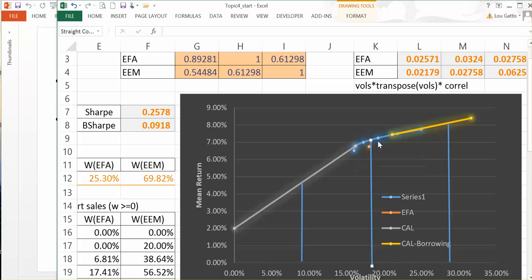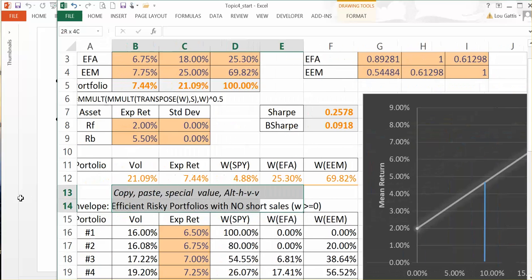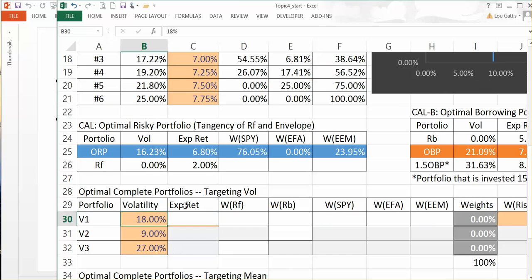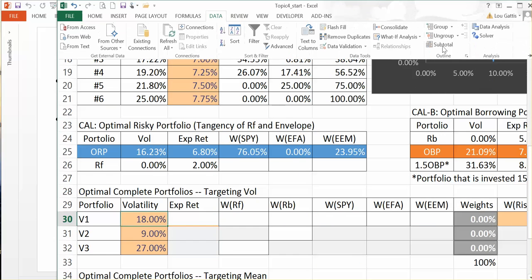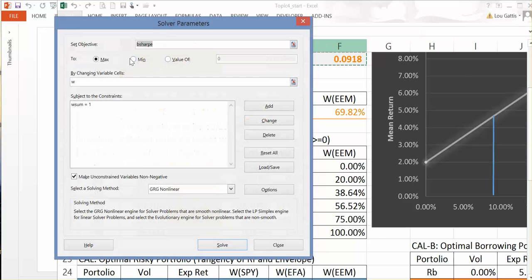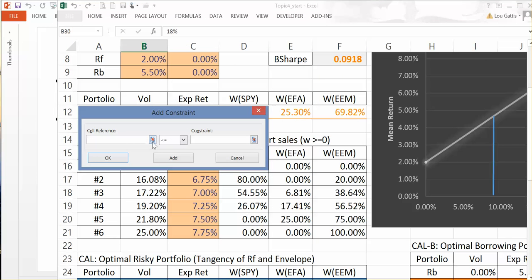So what I need to do is run a solver and just find one of the envelope portfolios that provides 18% volatility. So I'm just going to run Data Solver. I want to maximize mean portfolio, again just getting an efficient portfolio that has a volatility of 18%.